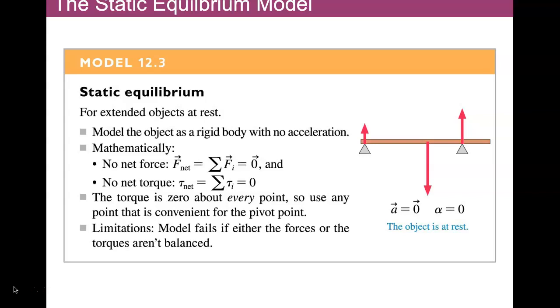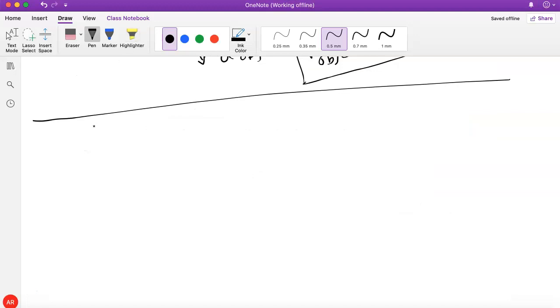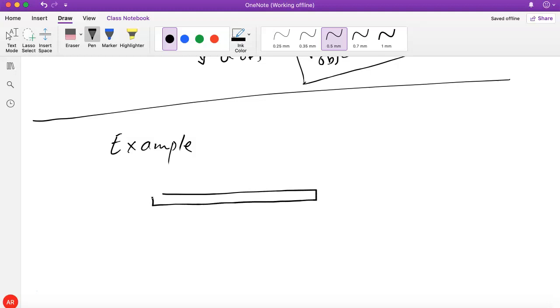Okay, so let's go back to the notes and try to make sense of this. Instead of a general proof, which can be done but may not be very illuminating, let's consider an example. Let me consider a simple case. You have just a rod, and there's a pivot here, for example, and then you apply, let's say, a force F here downward.